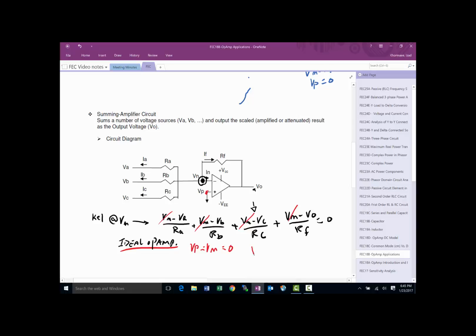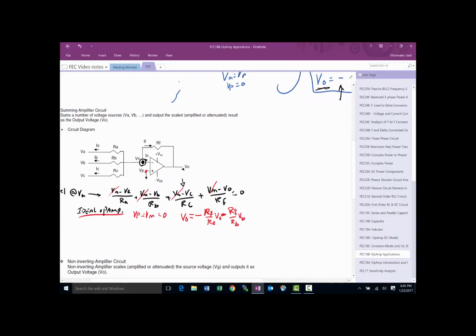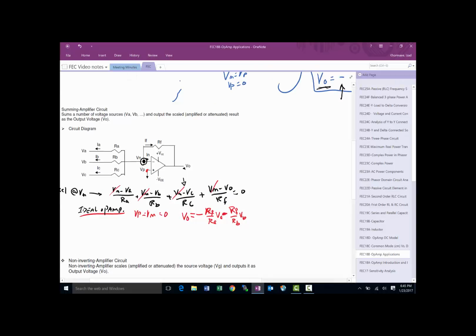So if we clean this up, we'll find out that V out is equal to minus Rf over Ra, Va, minus Rf over Rb, Vb, and then minus Rf over Rc, Vc, and you notice that these are the gains, Rf over Ra, as we talked about.